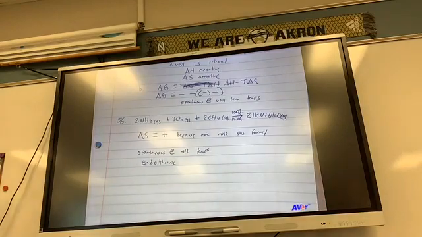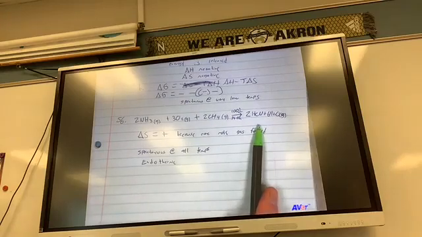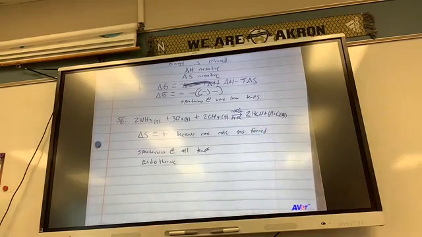So, would I need to heat it if it's spontaneous at all temperatures? No. So it's asking, is the high temperature needed for thermodynamic or kinetic reasons? It's going to happen thermodynamically, so it's going to be kinetic reasons.